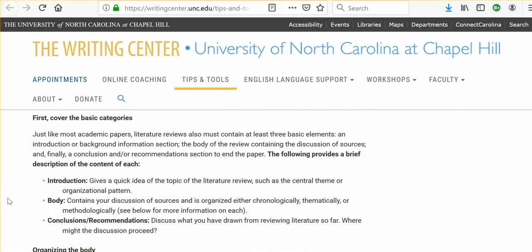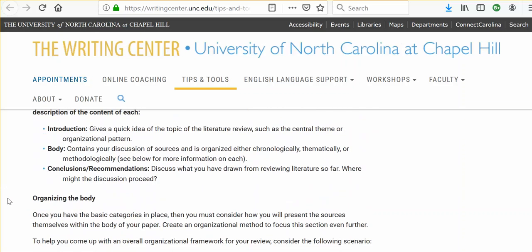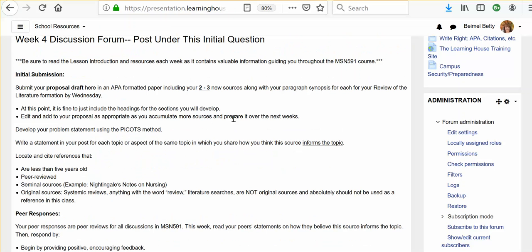So the introduction, you'll give the overview, the body, which we'll talk about a little bit more in a moment, and then the conclusions, which will be your recommendation. At this point, you don't need to have the conclusions or recommendations, but like I indicated over here, you do want to just include the headings, because at this time that's going to help you to know where each article sort of goes.